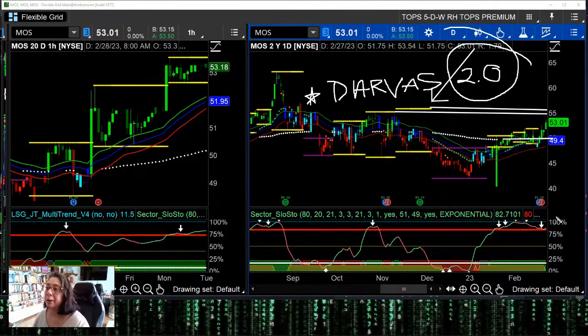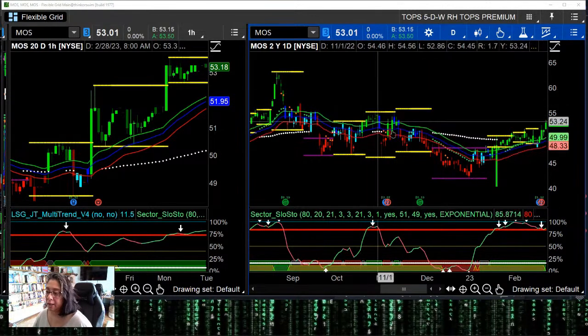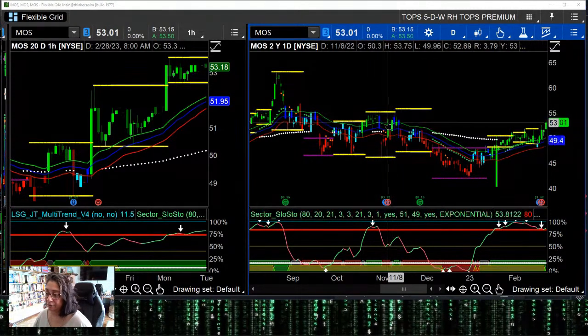The reason I bring this up, dark matter and battle rap, neutral really still, trying to get bullish, overbought, automated support and resistance. That's that automated Darvis 2.0 that I'll be looking at for potential. And by the way, let me show you here.